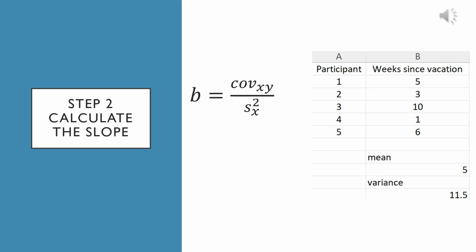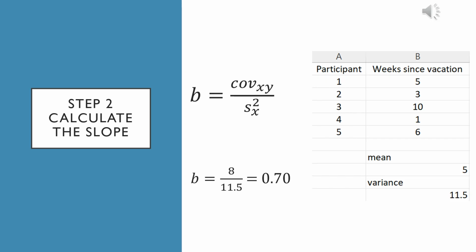But variance equals VAR.S, and then you click on all of the values for weeks since last vacation, and you find out the variance of x is 11.5. So to find the slope, we take the covariance, which we found was 8. We divide it by the variance of x, which we found just now to be 11.5, and you end up with a slope of 0.70.